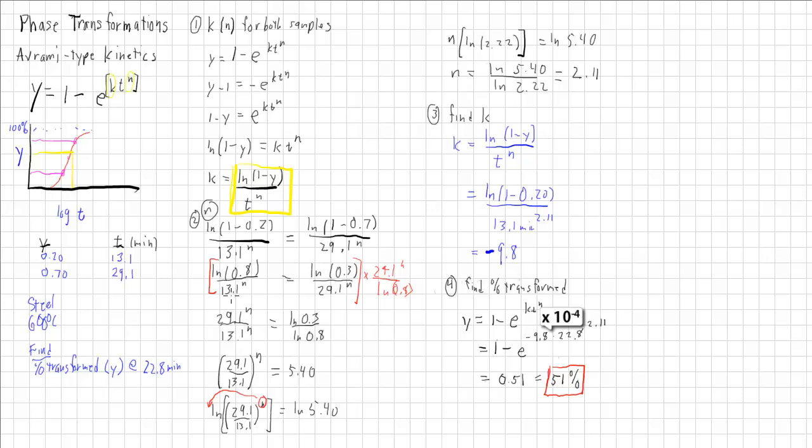Of course, we had to know how to use our log functions first. Once we found n, we plugged that back into our equation for k and found k. Then we could predict any point on this curve for these phase transformations. In this case, we had the value of 22.8 minutes, and we estimated that the total transformation at 22.8 minutes would be 51%. And I hope this helped.